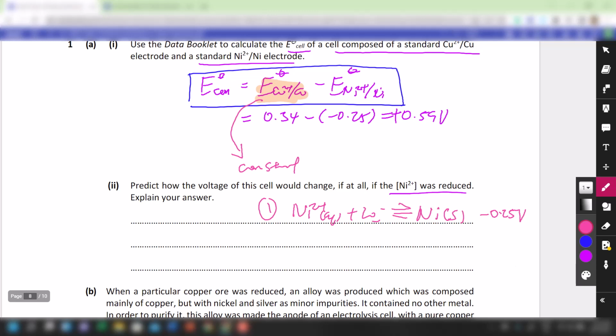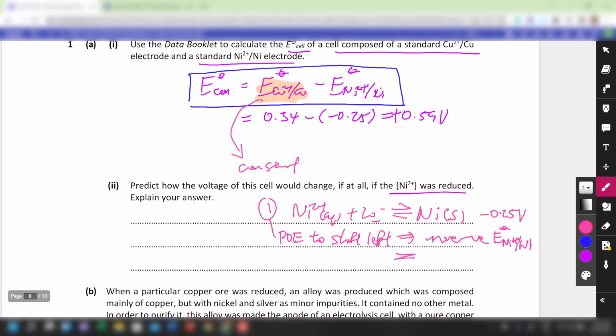Again, I'm verbalizing some of the thought process which should be included in your answer, so I'm not going to write everything out. Therefore I expect this position of equilibrium to shift left, which will result in a more negative nickel 2 nickel reduction potential.